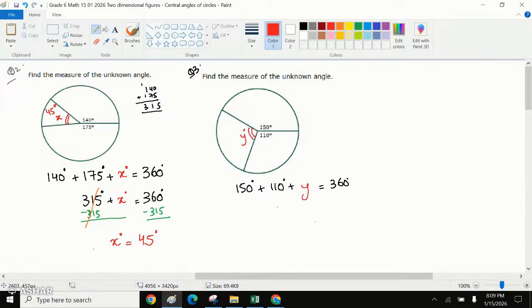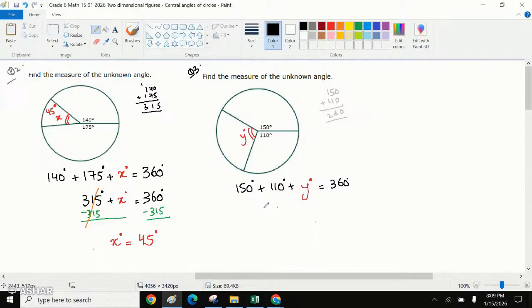We can suppose any variable, right? I'm not using x because I already used it in the previous question. Okay, let's see what is the total if we add 150 plus 110. 0, 6, 2, so 260.